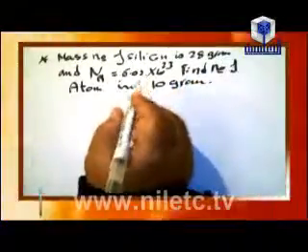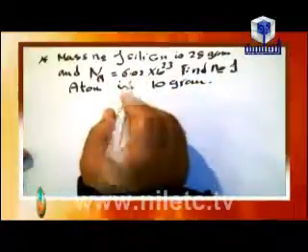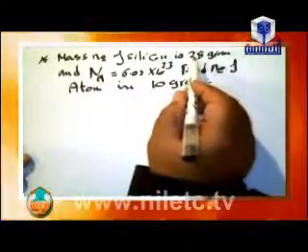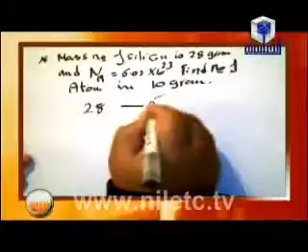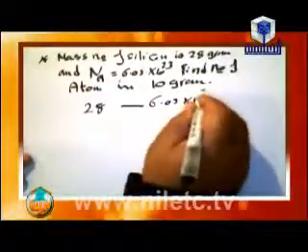We know that Avogadro number is the number of atoms or molecules in 1 mole, and Na is equal to 6.02 times 10 power 23. So mass number of silicon equals 28. So 28 gram contains 6.02 times 10 power 23.